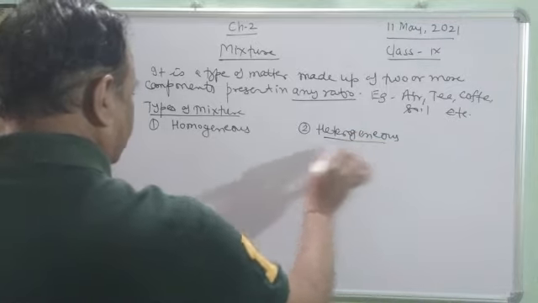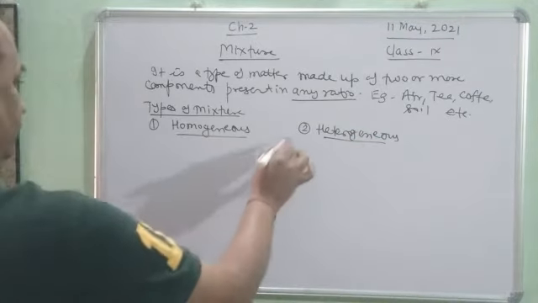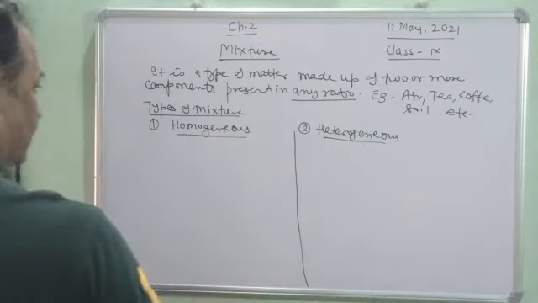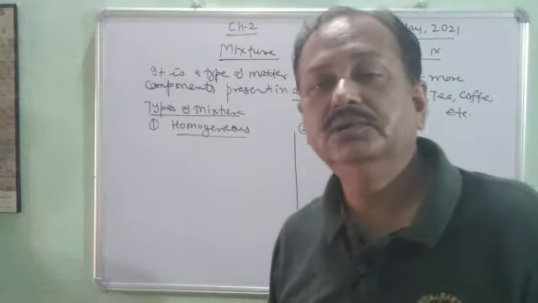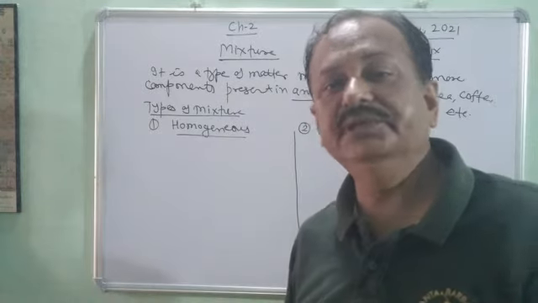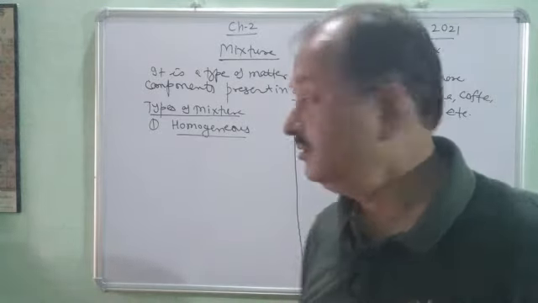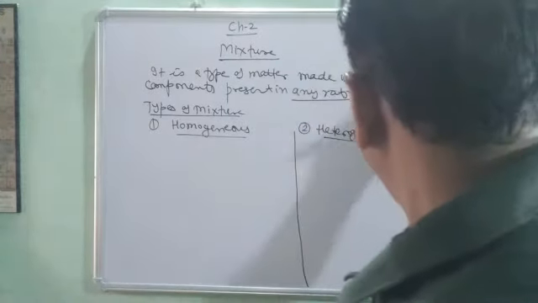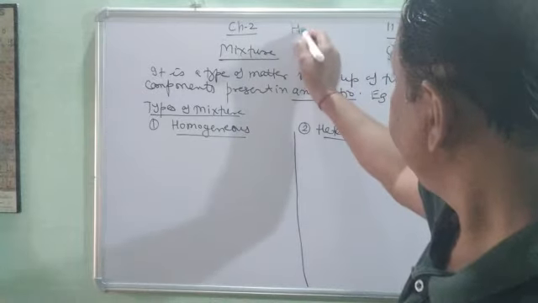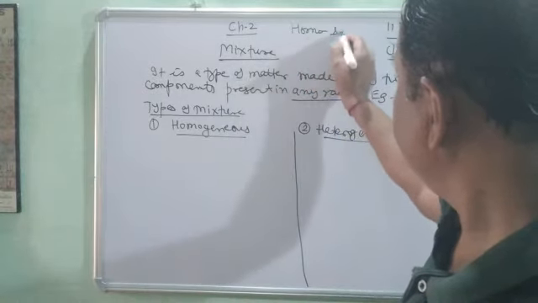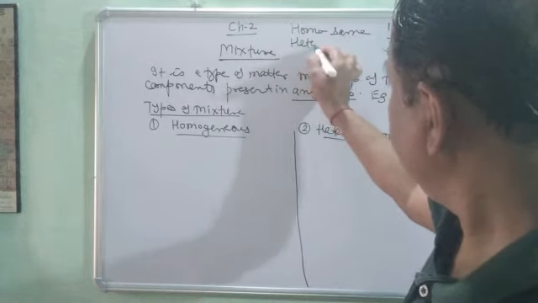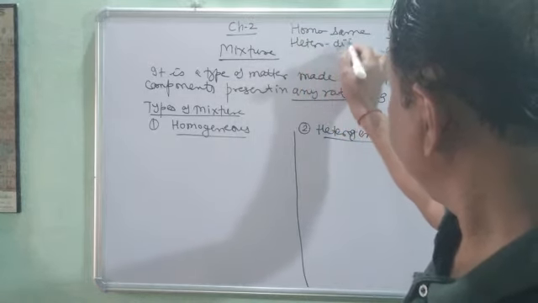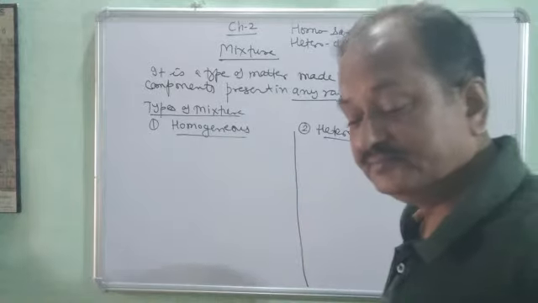So homo means same. Here we write homo means same. Hetero means different.